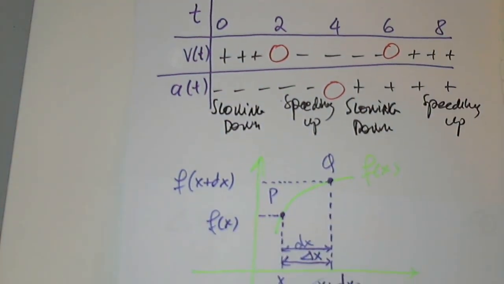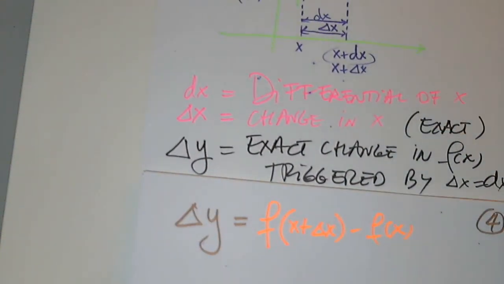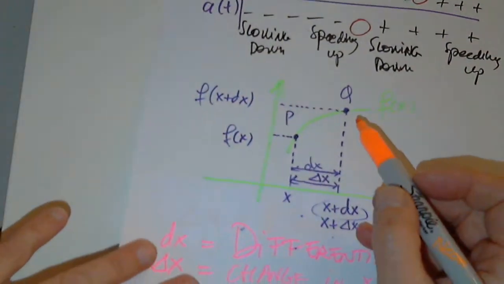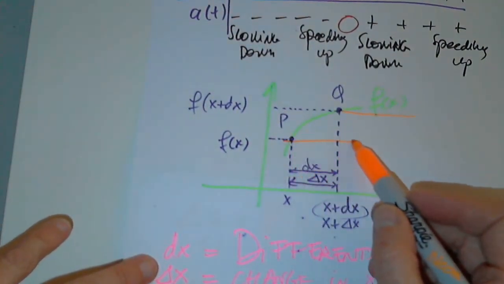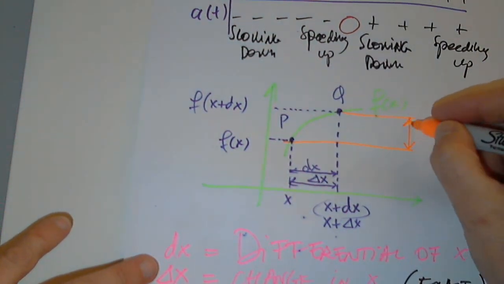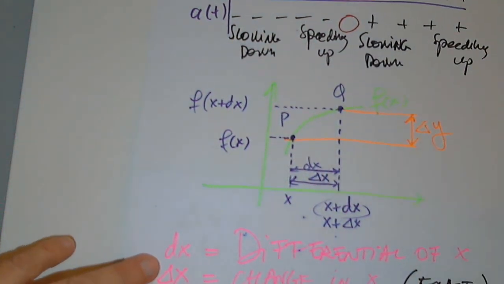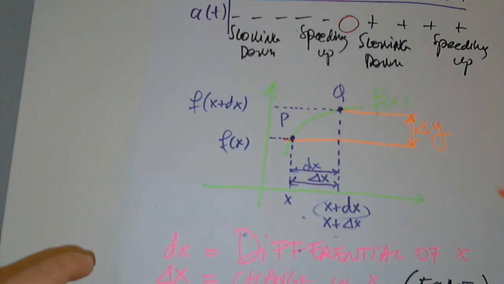Agreed? Good. So that's the exact change in the function f of x triggered by a minor change in x. Right? Okay, so this piece then on the graph is delta y, the exact change in y.